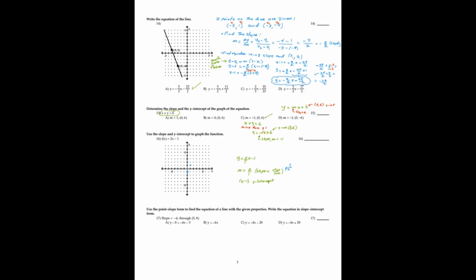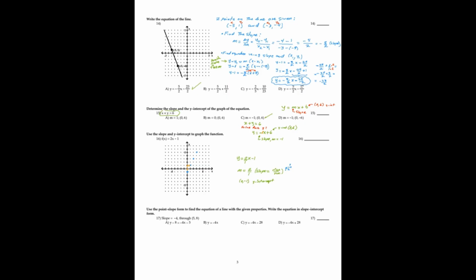Look at this, I went 2 units up, 1 here, another 1 here. So 2 up and 1 to the right. I can go 2 up and 1 to the right again, my next point. 2 up and 1 to the right, my next point.